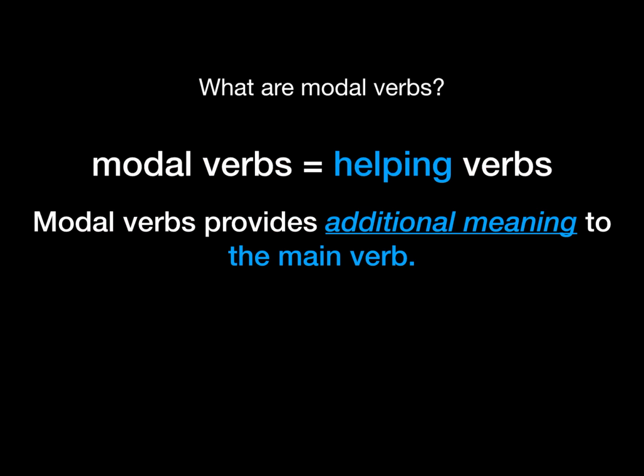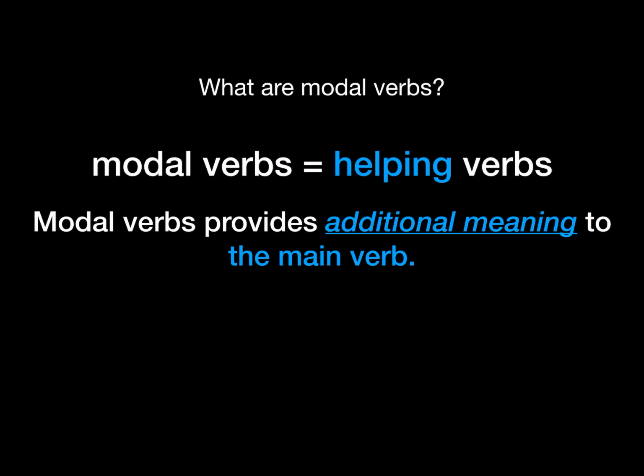Good. Modal verbs are helping verbs, simply saying. They provide additional meaning to the main verb. There's something that we cannot express by using the main verb itself. When we cannot express something just by a main verb, we use a modal verb to express much more widely.